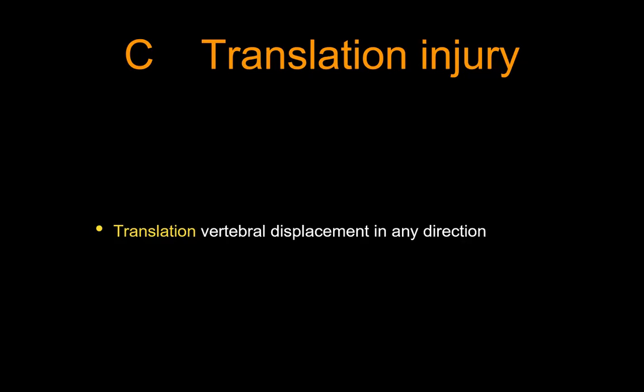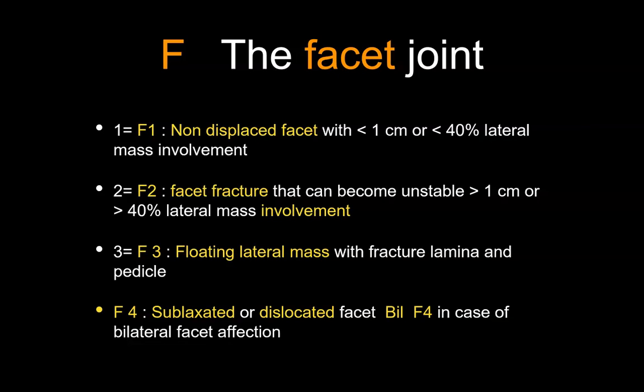The translation injury, as we said, is concerned with vertebral displacement in any direction. So A is subclassified, B is subclassified, C is when there is translation in any direction, and the facet joints need special care.